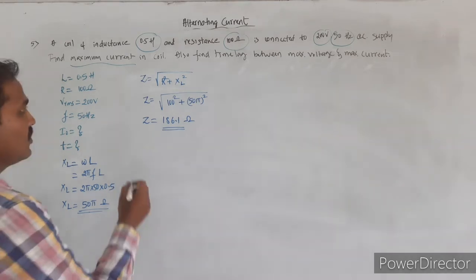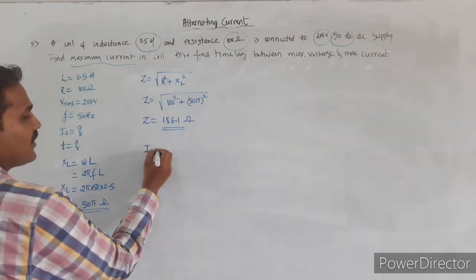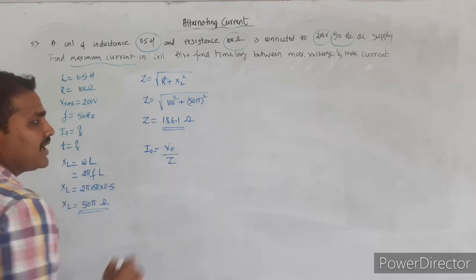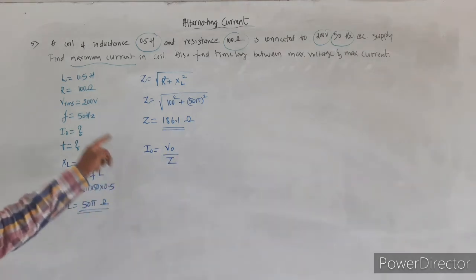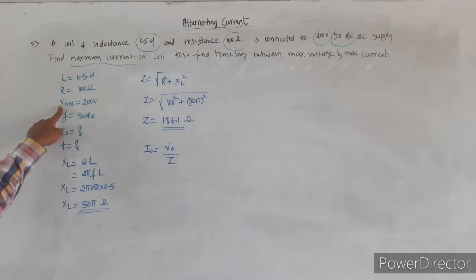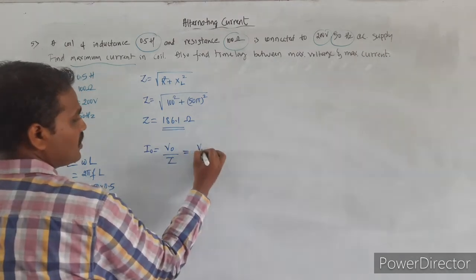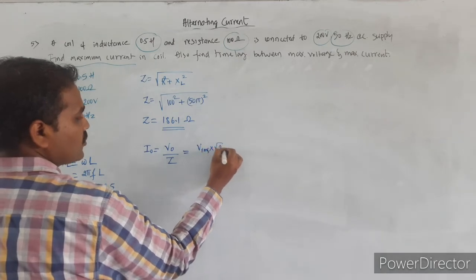Okay, so then to find the peak value of current, I have I naught is equal to V naught divided by Z. But whatever voltage they have given, that is the RMS value of the voltage. So V naught is equal to V RMS into square root of 2.